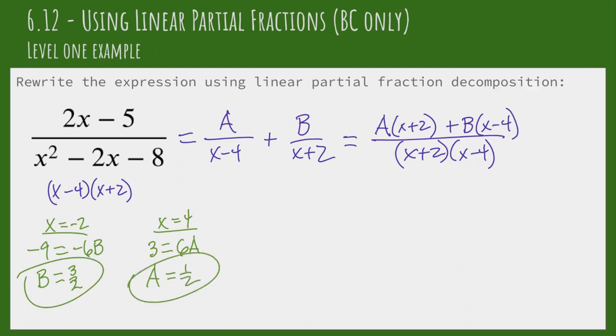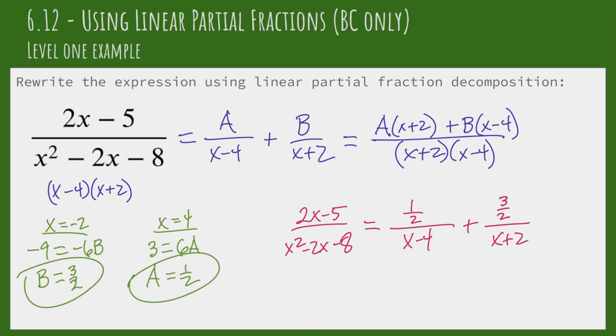So writing out our answer then, 2x minus 5 over x squared minus 2x minus 8 is equal to a, 1/2, over x minus 4 plus b, 3/2, over x plus 2. Now, this form right here is kind of nasty because it's a complex fraction, so we have a fraction within a fraction.